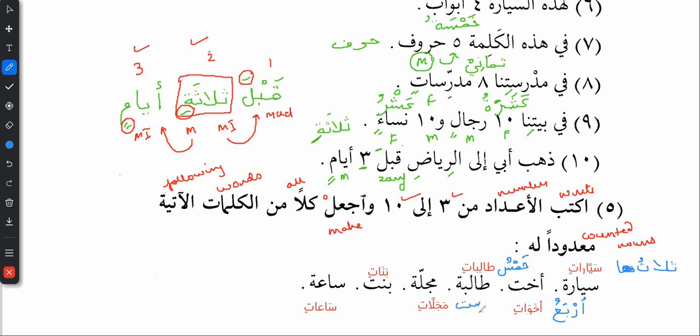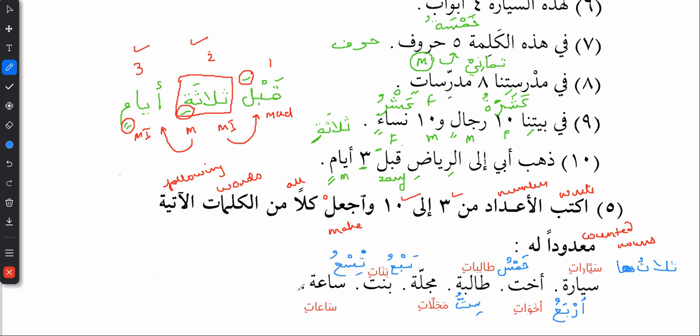Sittu, with shadda and dhamma. Then banat, sab'u. Then sa'atin, this is watch. So how many? Tis'u sa'atin.